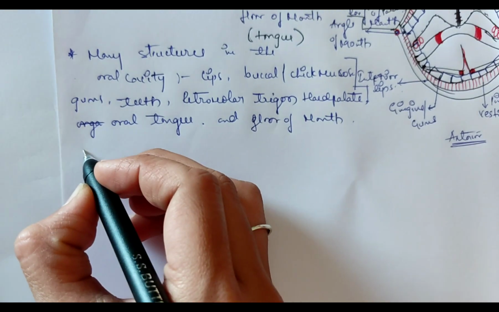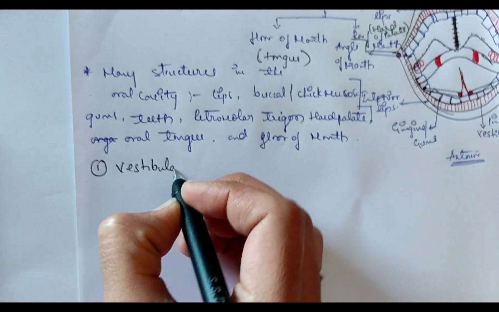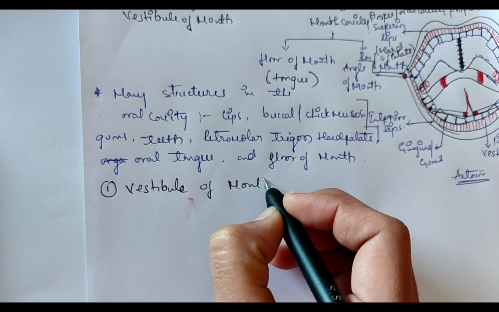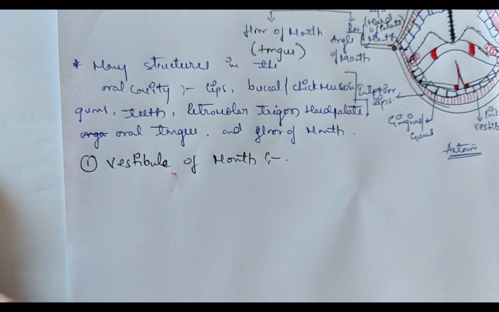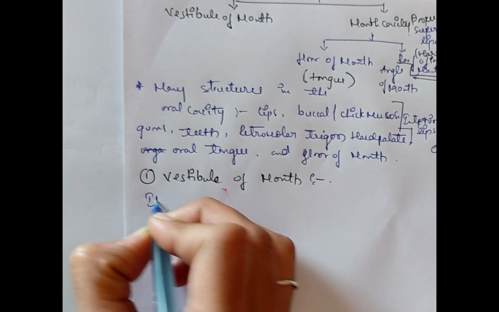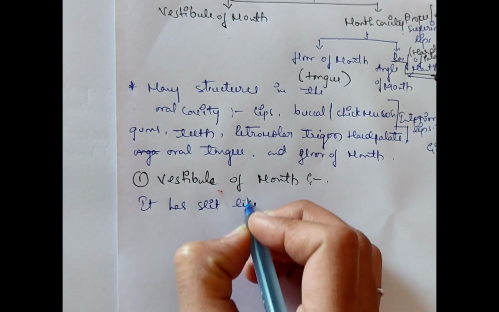We have to see first the vestibule of mouth. Vestibule of mouth is a cleft external to the teeth. It has a slit-like opening.